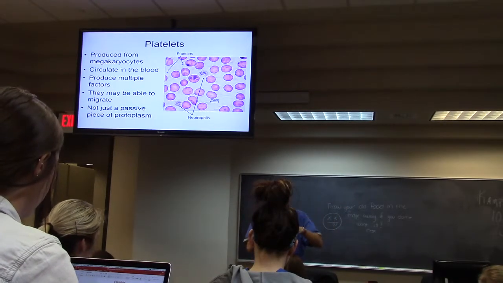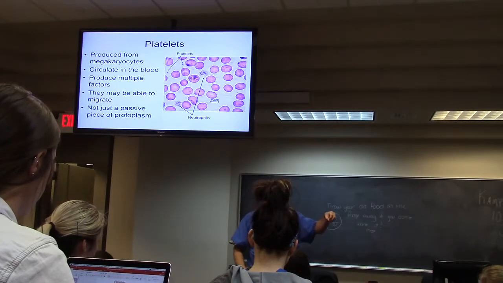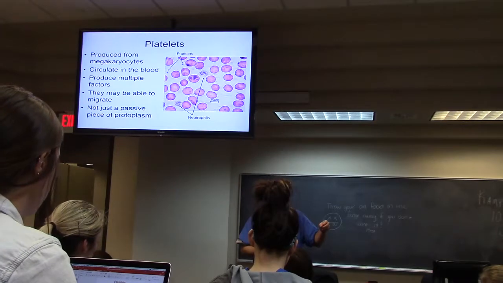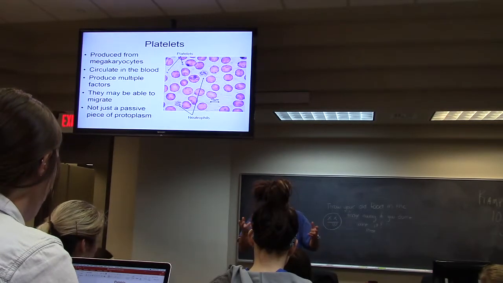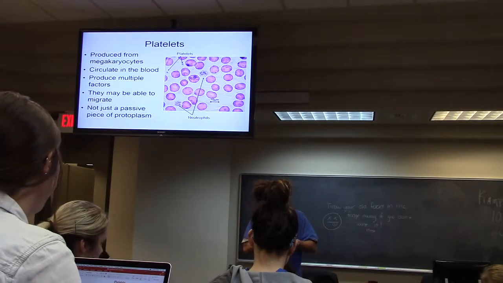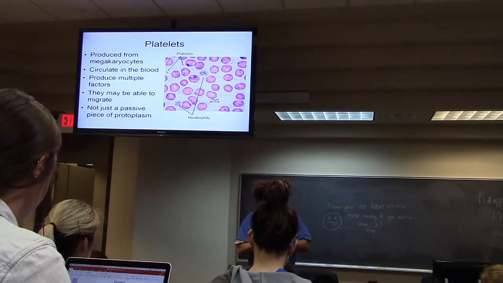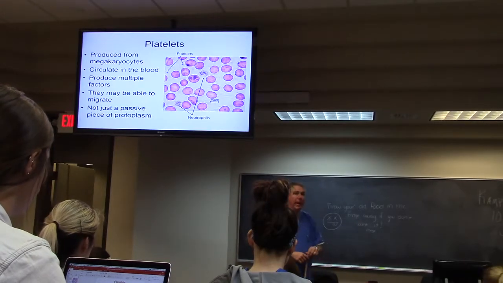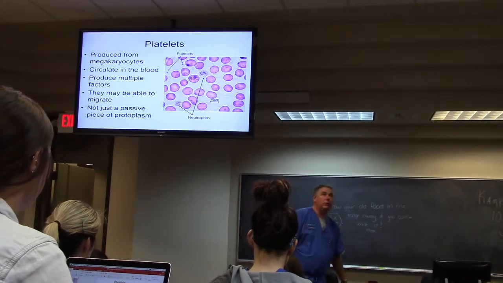Usually a bunch of little vasoactive substances, and substances related to clotting. Okay? So you have normally around 400,000 platelets per milliliter of blood. When you stop and think about it, that's a lot of platelets circulating.